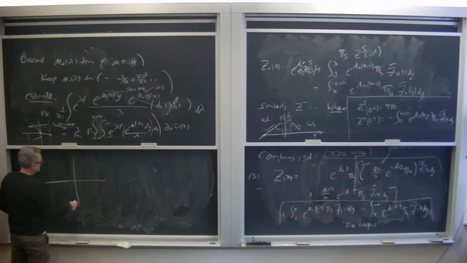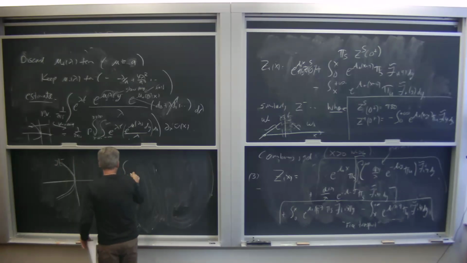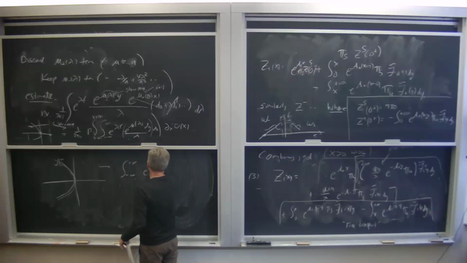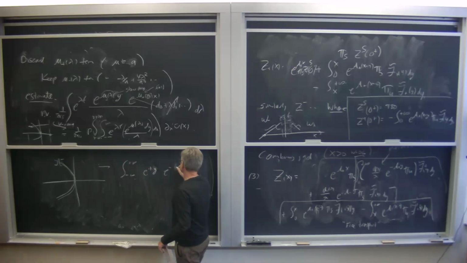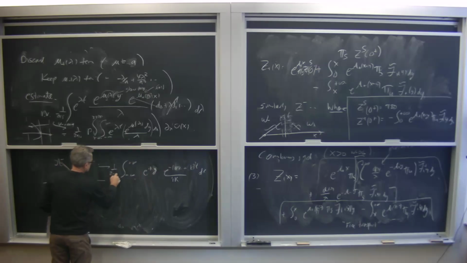So I'll move this to the dispersion curve, as I did before, and reduce to a Fourier transform integral, and it becomes the integral from minus infinity to plus infinity of e to the i k y, e to the minus a i k plus k squared t, over ik, times 1 over 2 pi.